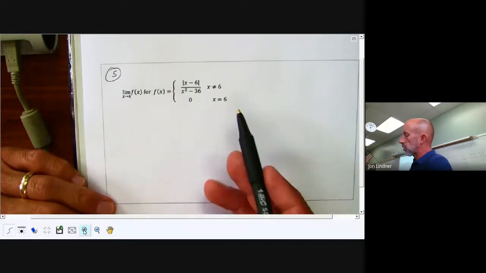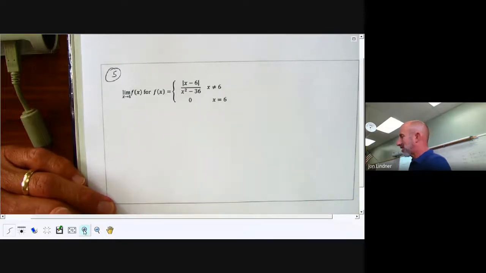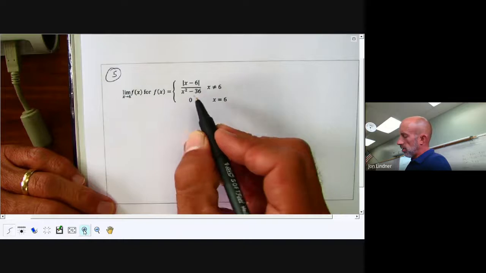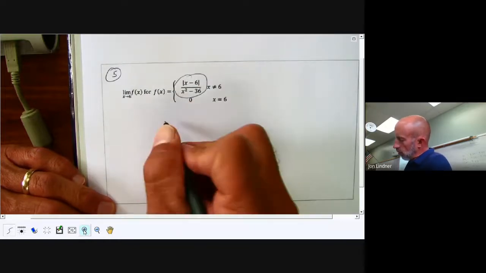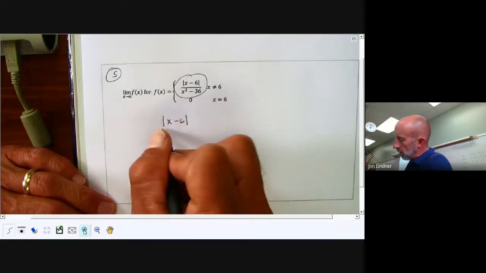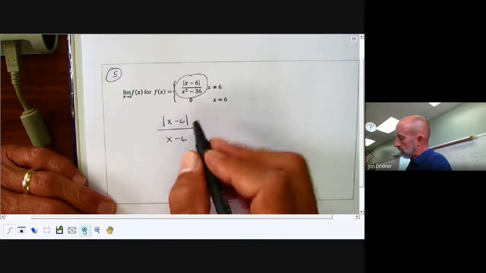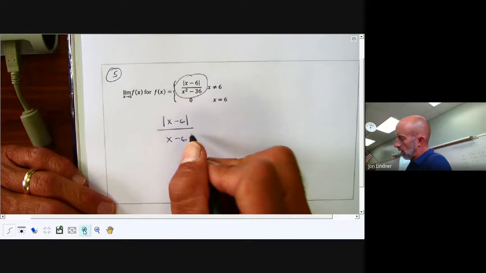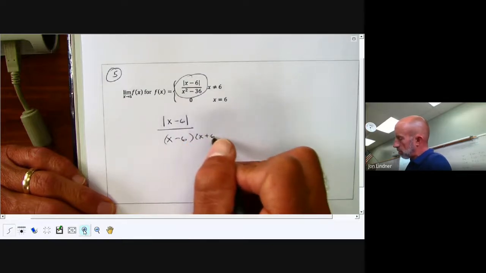This is a piecewise function, and what we should probably consider is this thing right here. Look what we've got. I've got the absolute value of x minus 6 over x minus 6, all right, times x plus 6.